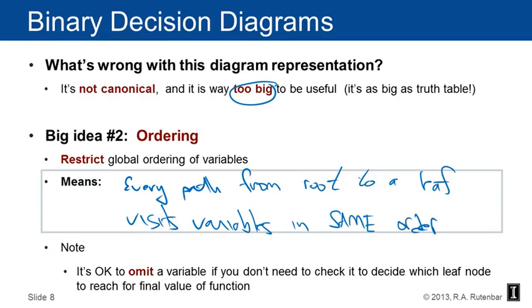Now there's a little technical point here, which is that it's okay to omit a variable if you don't need to check it to decide which leaf node to reach for a final value of the function. So you have to visit the variables in order, but if you skip some along the way, that's okay. That's not a bad thing. And we'll show that as a quick example next.